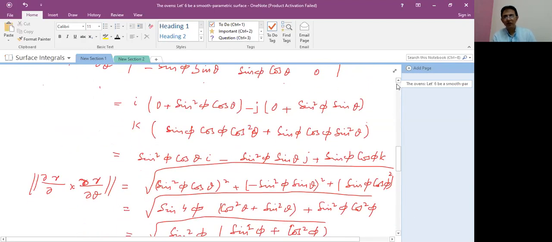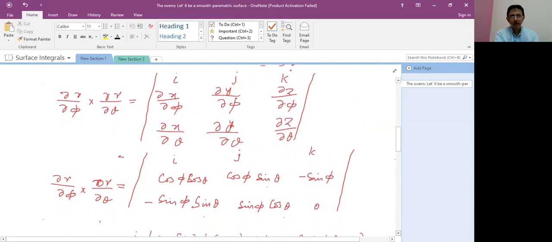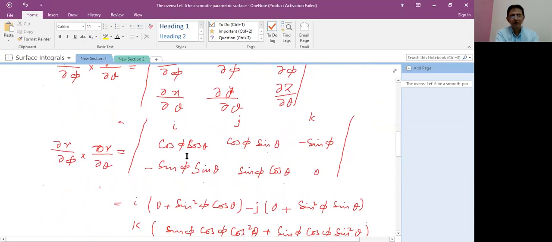After that, students, we will expand the determinant. For the first column, we skip the first column and first row and multiply: 0 times this is 0, and sin phi cos theta times minus sin phi gives minus minus plus.